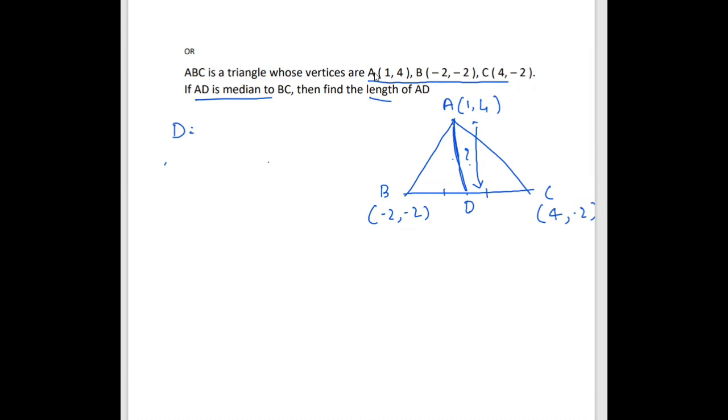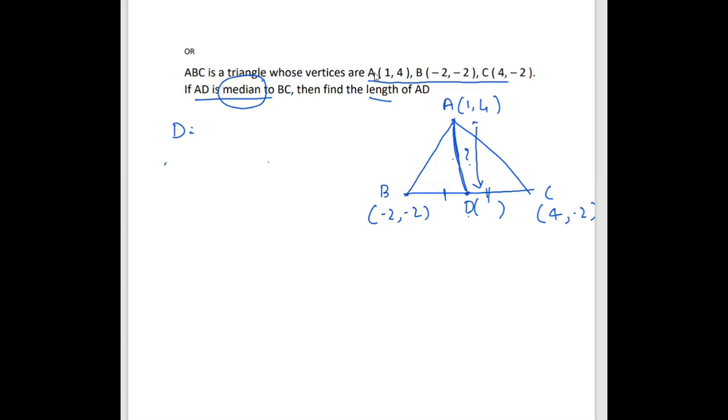If you get the coordinates of D, then you can apply the distance formula and find the length AD, but the D coordinate is not given. Now how to do it? It is mentioned that this is a median, meaning this distance is equal to this distance, so this point is exactly at the middle.